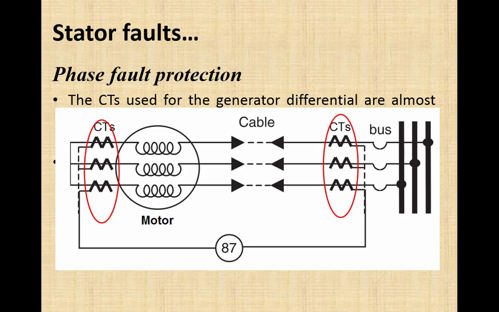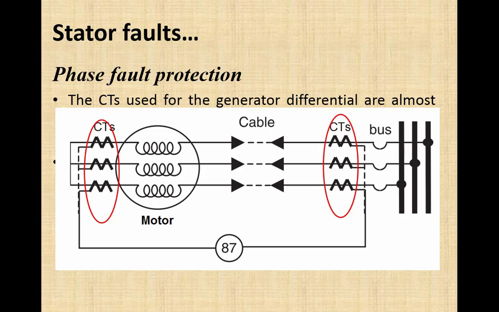Now I hope you can understand the difference between the application of differential protection for motor and generator. I'm repeating it again. For a generator, differential will cover only the stator winding of the generator. For a motor, differential will also cover the leads or cable which is used to connect the motor with the bus. So that will be part of the differential protection.